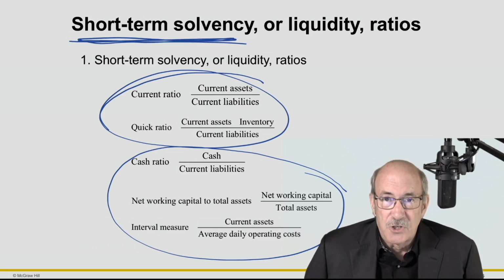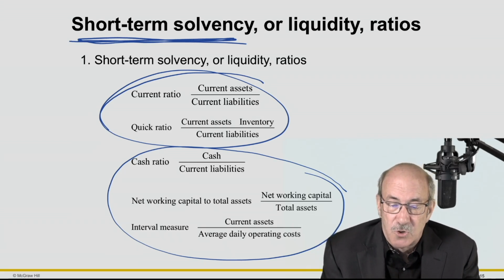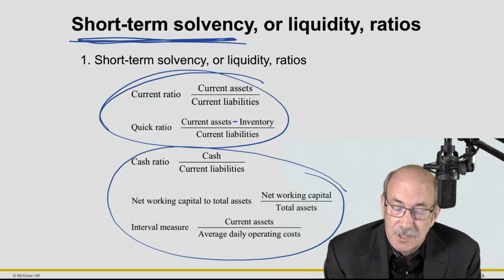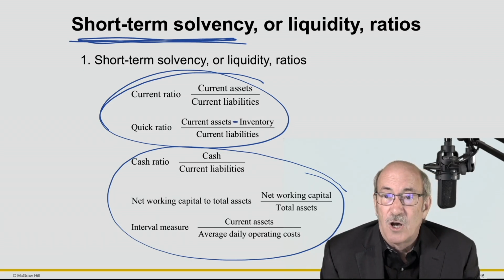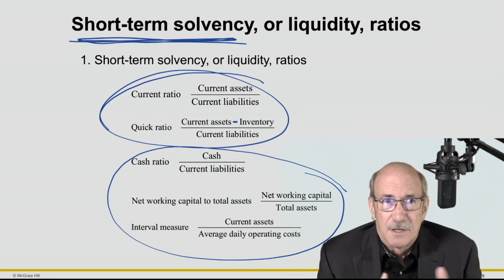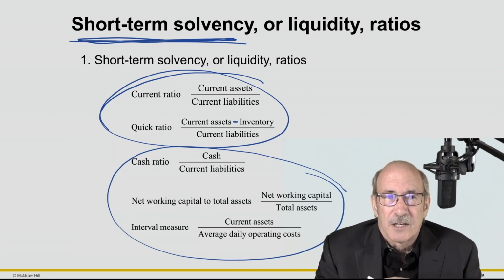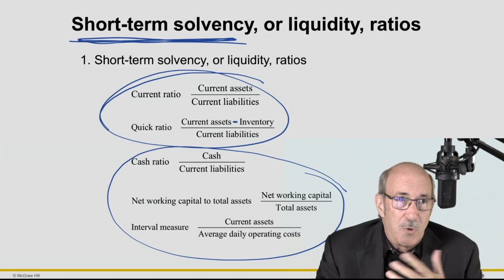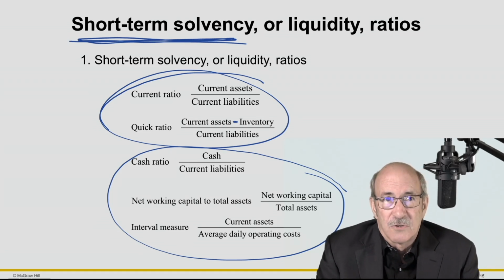The quick ratio is a little bit more stringent in that it subtracts, that should be a minus sign there, it subtracts off inventory from current assets. And the reason we do that is that inventory is often not well reflected in the financial statements. In other words, we might have bought some inventory years ago.